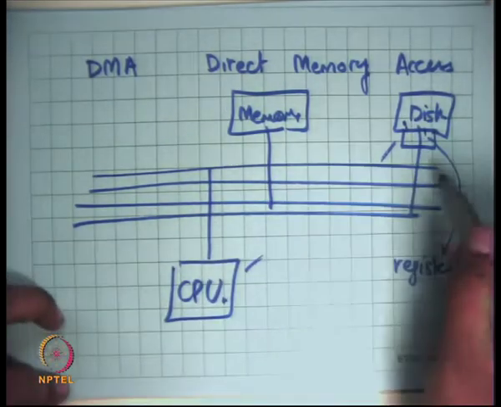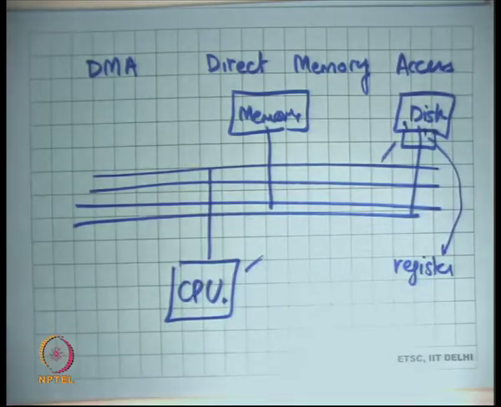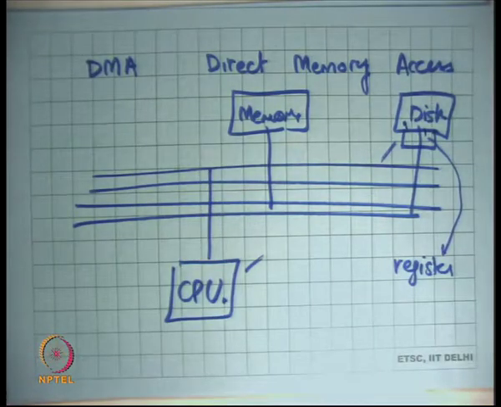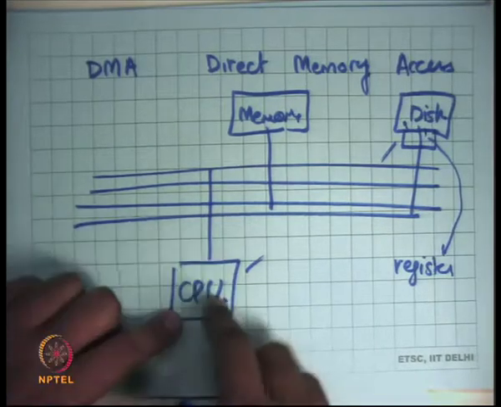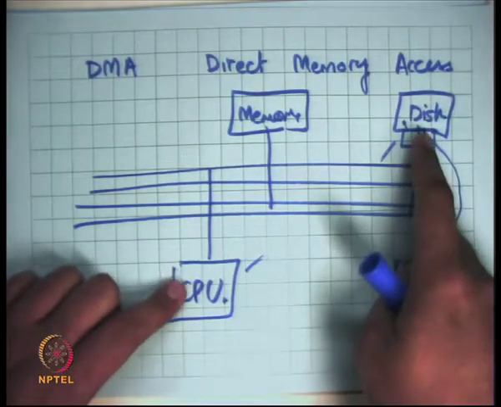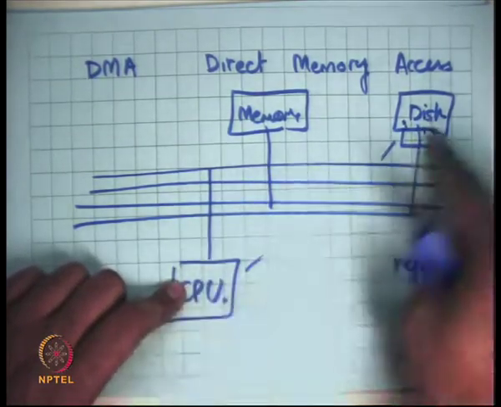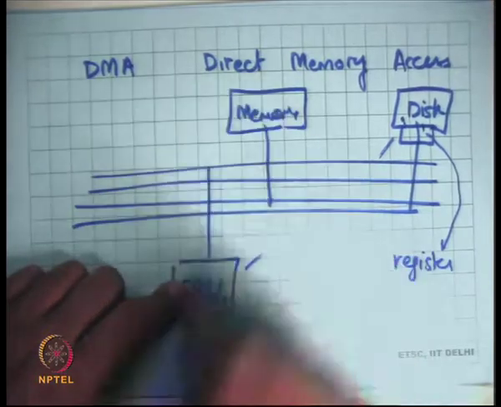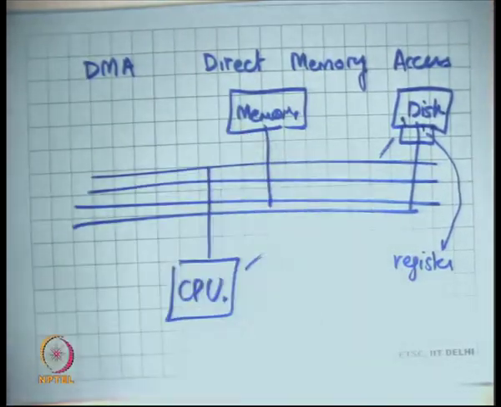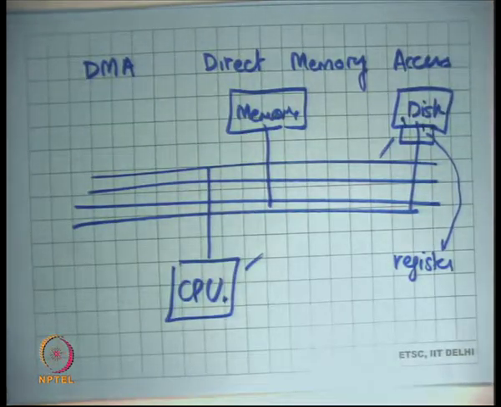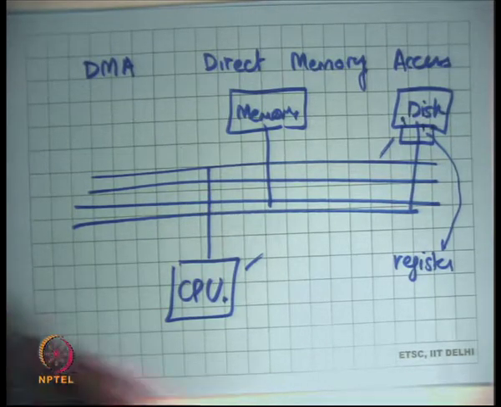These registers can be accessed either using port space, like the INB and OUTB instructions that we have seen before, or using memory mapped IO, just load and store on some addresses that are mapped to those registers. So in either case, you are basically accessing the register. One way of doing transfer is that the CPU keeps reading these registers and then keeps writing them to memory, in a tight loop. That would be a relatively inefficient way of doing it.